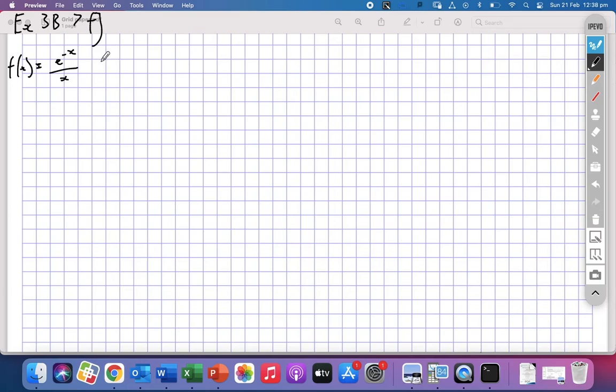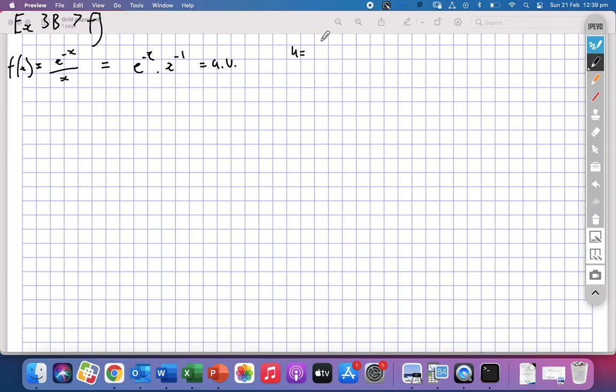So I'd actually rewrite this function, I think. e to the minus x times x to the -1, so that I can apply product rule. I've got function u times function v. Now you can use quotient rule if you like, that's fine.